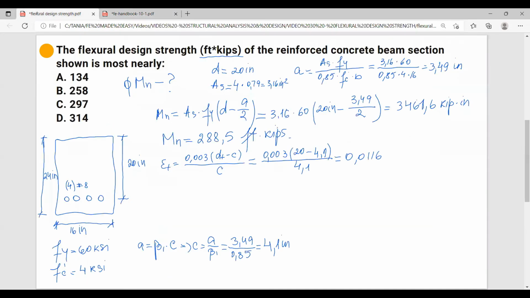And now going back to the Mn that we calculated previously, phi Mn equals 0.9 times 288.5 equals.